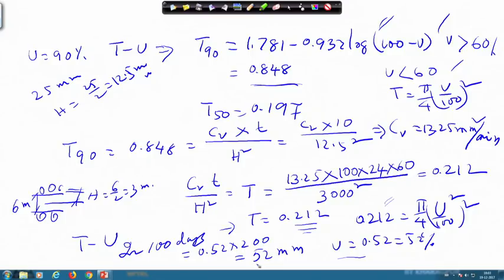It is only 52 millimeter, because the time factor we got is 0.21, and from there the degree of consolidation is 52%. So, 52% of 200, it will be 52 into 2, so 104 millimeter, is it not? So, this is the answer.